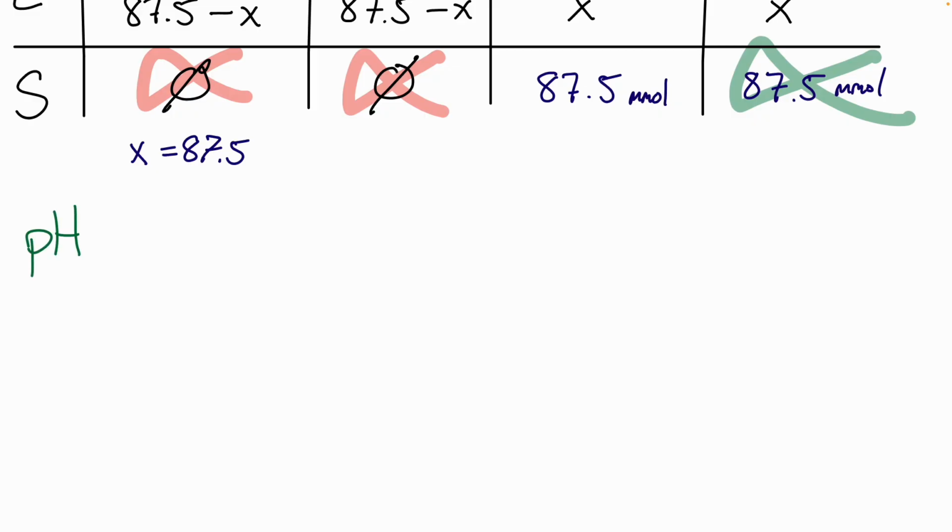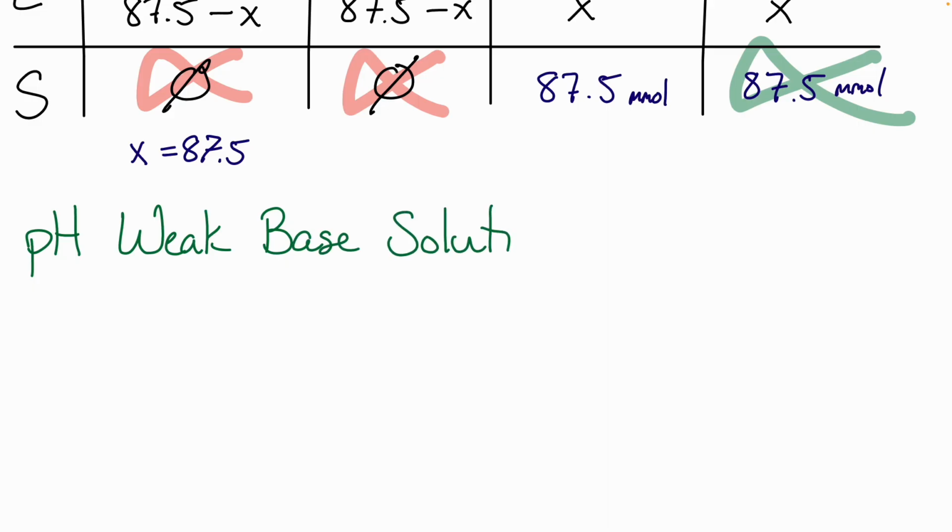All right, we're going to do that by calculating the pH of a weak base solution, meaning the first thing that we need is the concentration of that weak base.